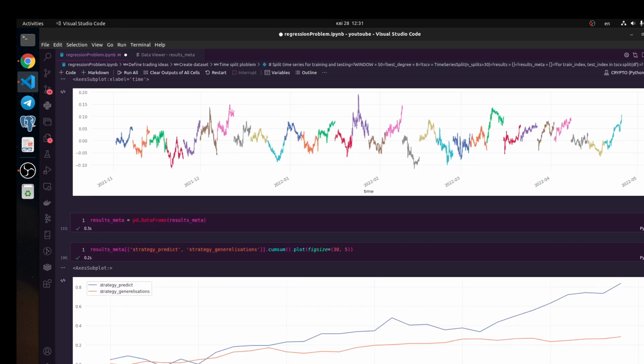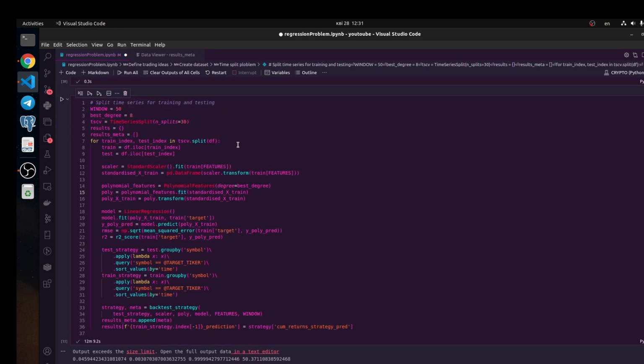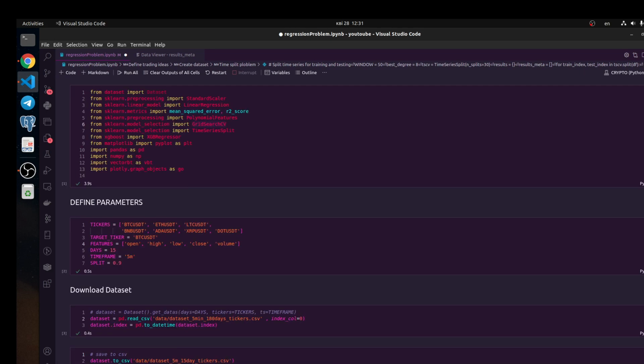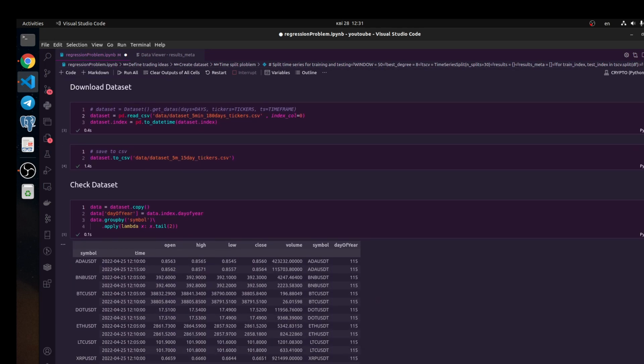So what you could do, I recommend playing with these parameters, only 2 parameters, best degree and splits. Also, you could download data, for example, for the last 1 year, and use more tickers. It could be several million rows, but we could find some relationships and do more research to understand the trading problem using only linear regression.